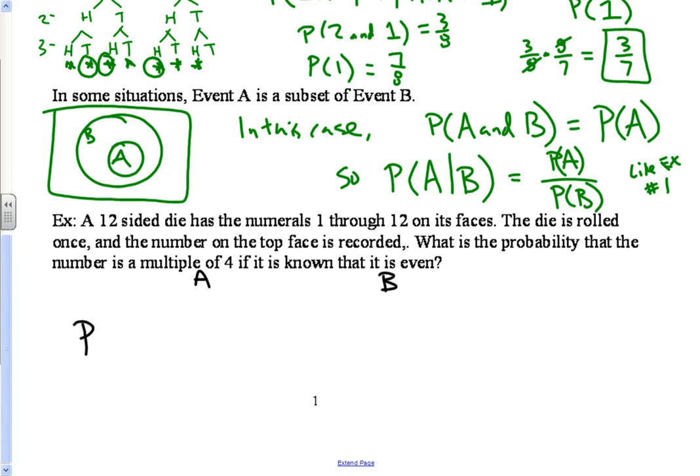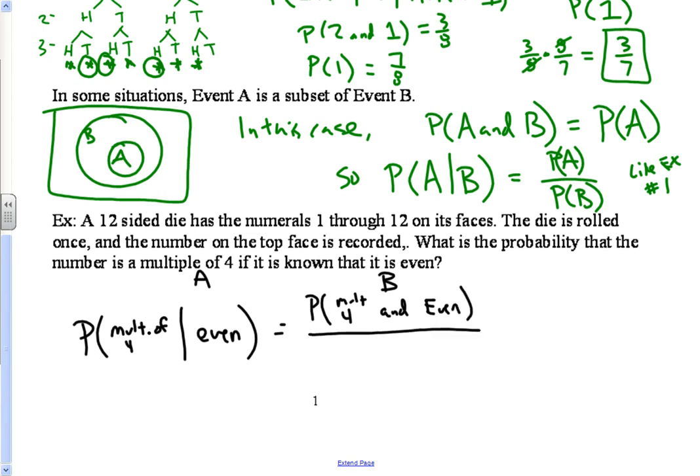That is event B. So the probability of a multiple of 4 given we know it's even. Alright, so that would be the probability that it's a multiple of 4 and even over the probability that it's even.